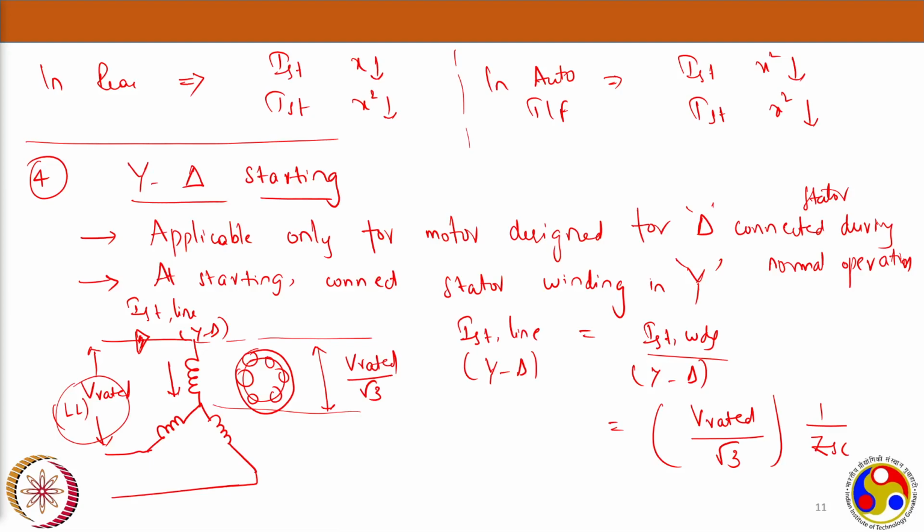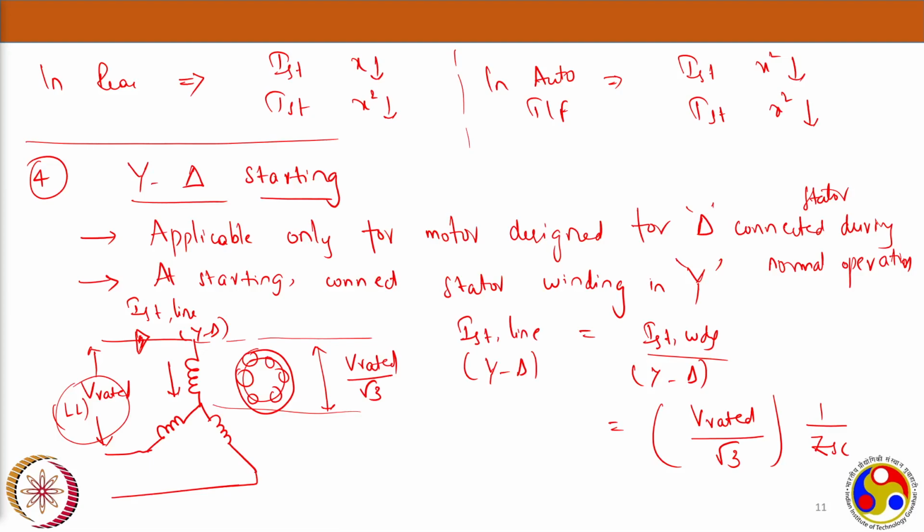Now in star delta starting, I am writing a summary here. Your starting current IST is reducing by 1 by 3 and your starting torque is also reducing by 1 by 3. And if you remember the auto transformer factors, your IST is going down by x square, your starting torque is also going down by x square.